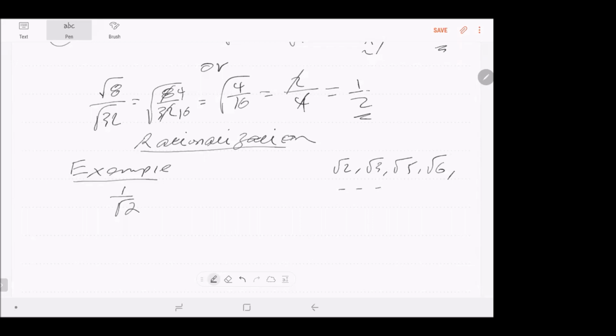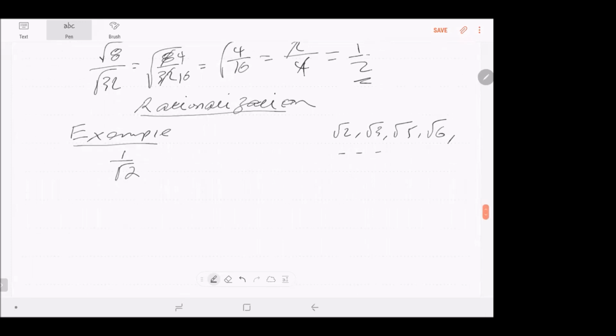Here in the example, the square root of 2 is irrational, so rationalizing means the process of converting the irrational denominator into rational. So how to convert this irrational denominator into rational? Let us do together.